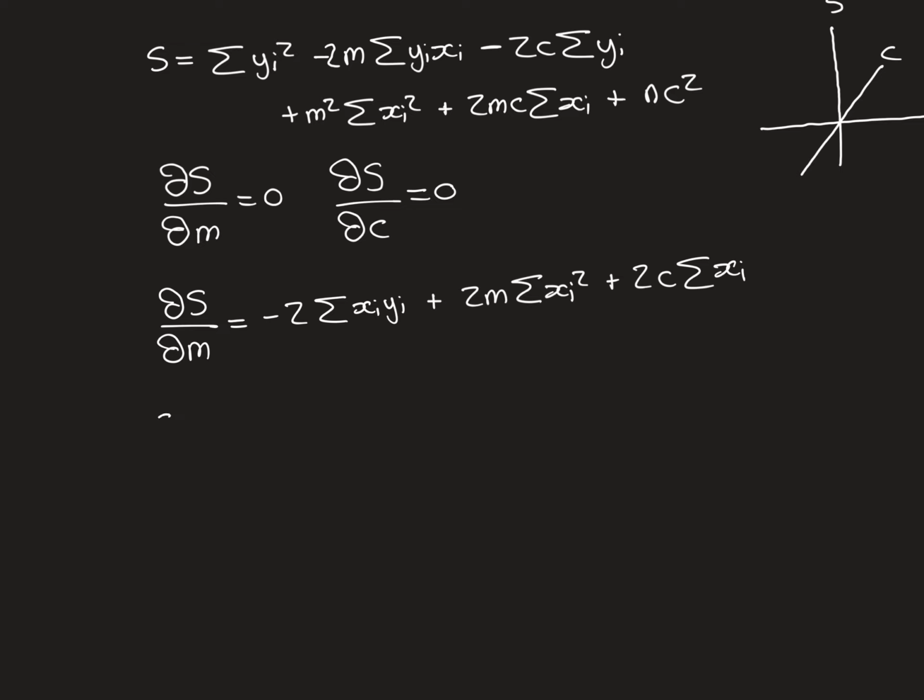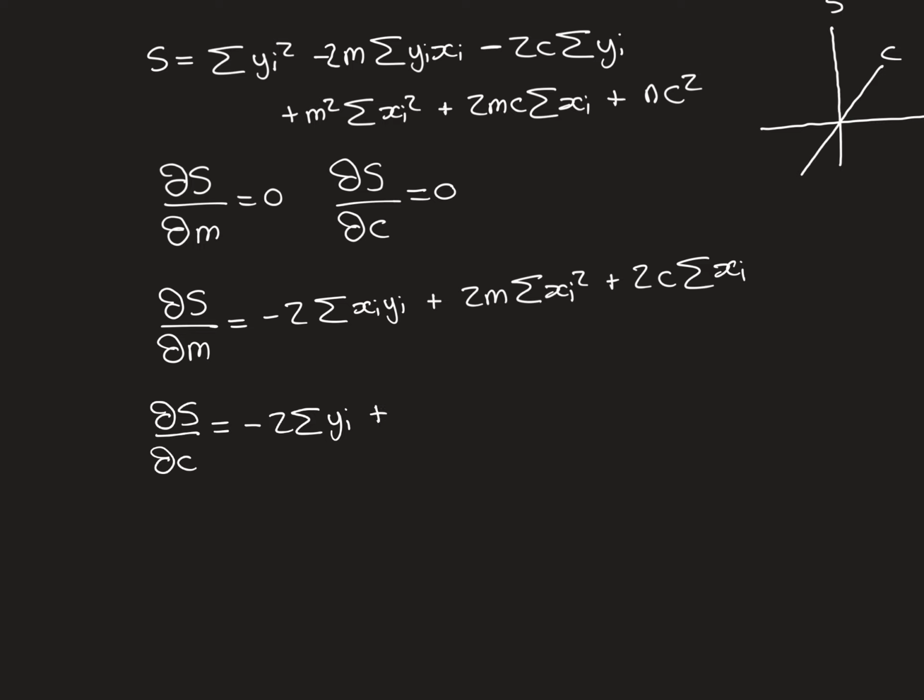Let's now do the partial derivative with respect to c. So again, that first thing is just a constant, so that's gone. The next term, the minus 2m, the sum of yi xi, that's only a term in m. So as far as the partial derivative with respect to c is concerned, that's a constant, so that goes. Next, we have a linear term in c, so that will become just the coefficient, so minus 2, the sum of yi. The quadratic term in m squared is a constant as far as the partial derivative with respect to c is concerned, so that's gone.